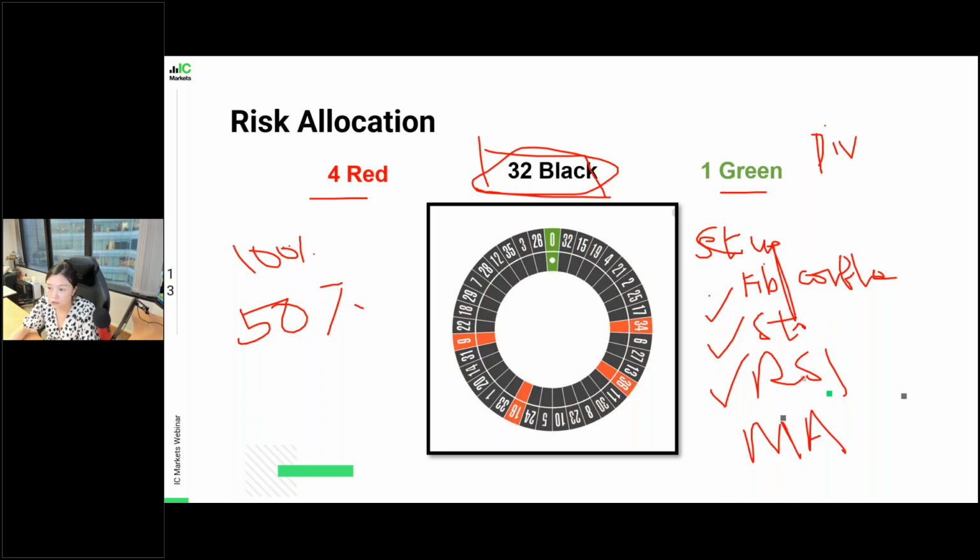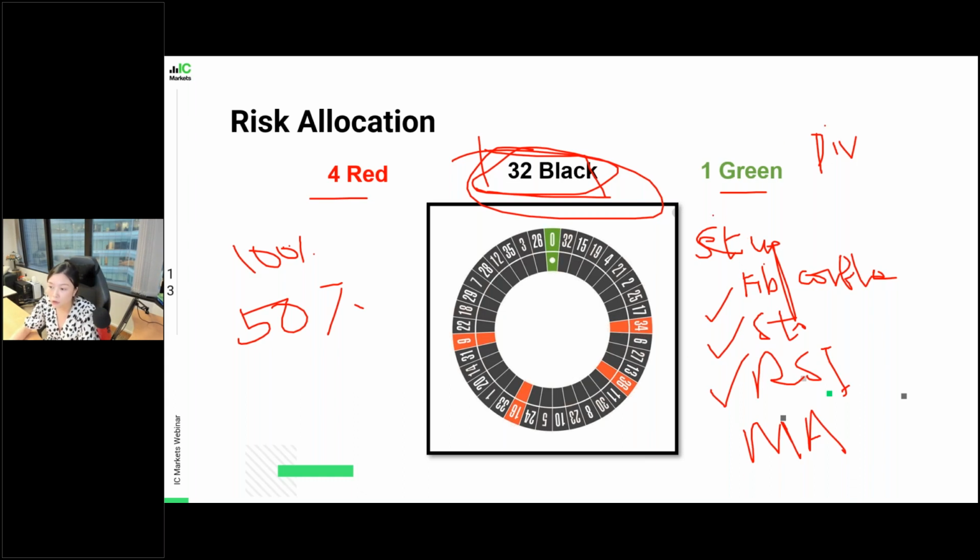If your setup is so good, your risk allocation will be naturally higher, right? Because the odds of you getting it correct is higher, unless there is some news that's out, but that's an outlier. That's a black swan, so we don't consider that.